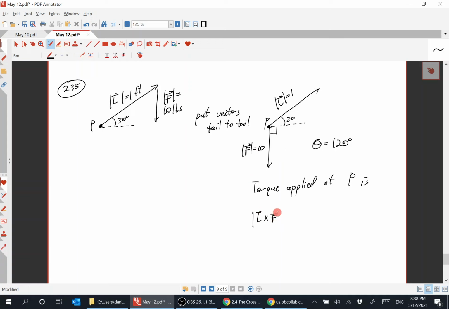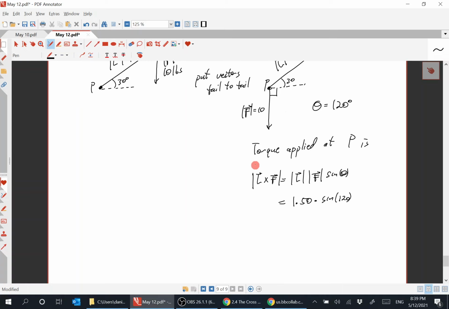So the magnitude of L cross F is the length of L, times the length of F, times sine of theta. So that is 1 times 10 times sine of 120. And sine of 120 is what? Square root 3 over 2. So it's 10 root 3 over 2, which is 5 root 3 foot-pounds.